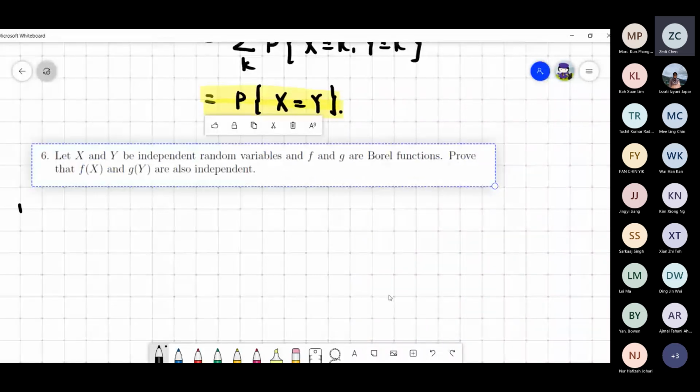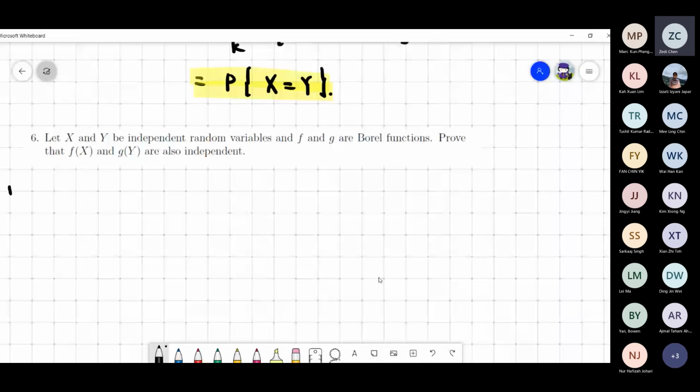Oh, okay. X, Y independent, F, G Borel functions, prove that F(X) and G(Y) are also independent. Okay, so again, we just need to recall definitions. So it's Definition 3.2.1.